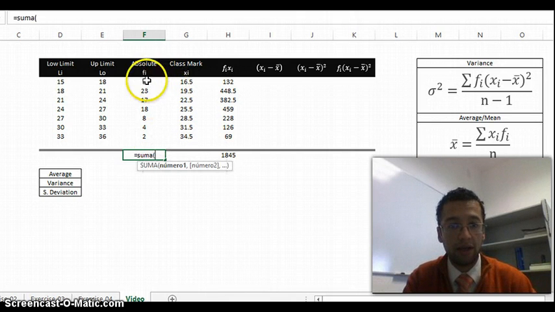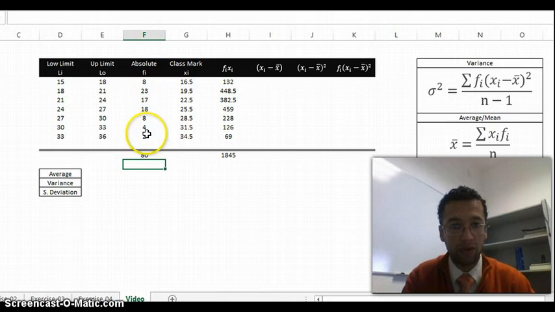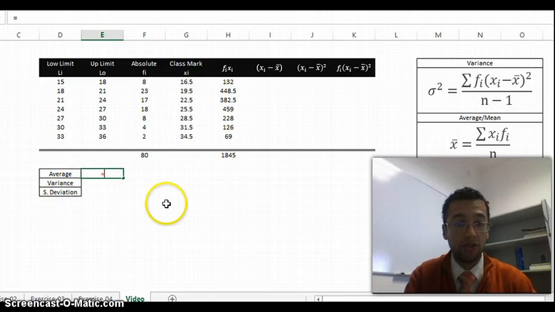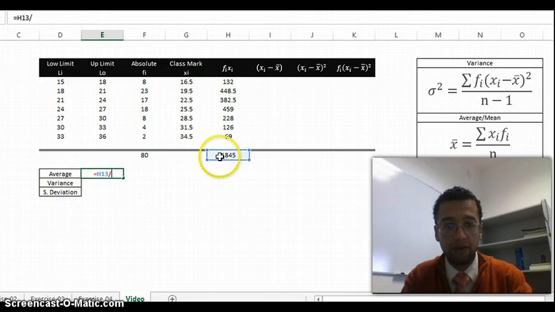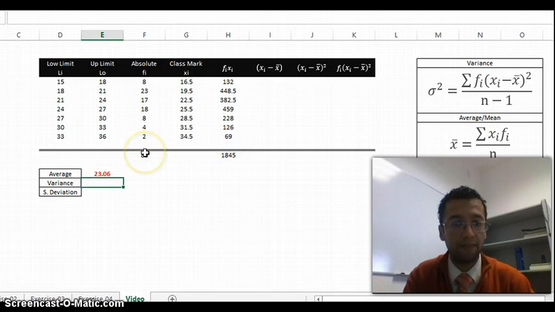So as we did previously, we have to make it in this case. So the average will be finally this value over this, and it's 23.06.